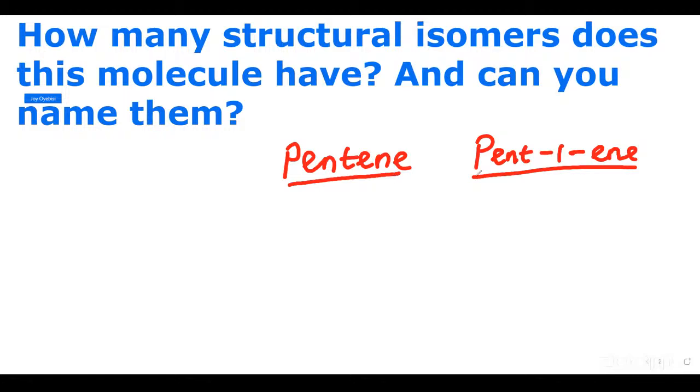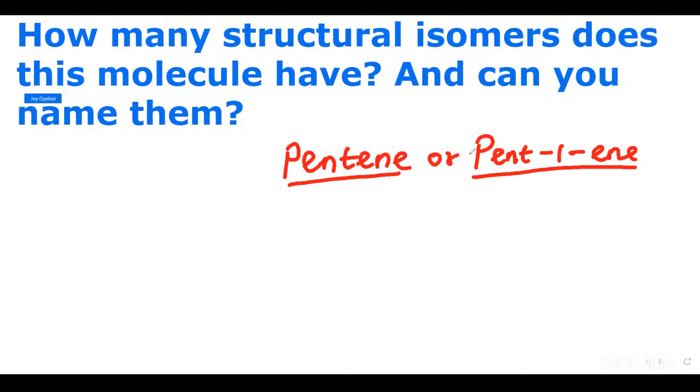Now let's start with the pent-1-ene. When they tell you to draw the structural isomers of pentene, they assume that you're going to start from pent-1-ene, okay? So that's why I'm telling you, it can either be this or this.